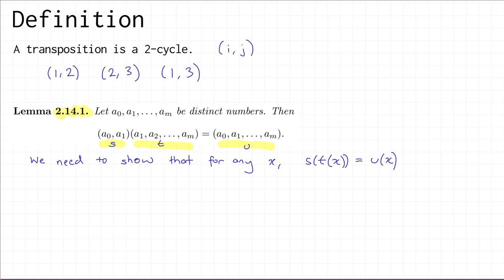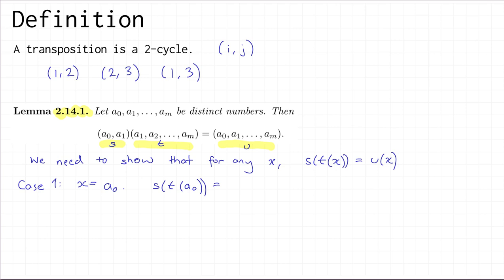So we just need to check all the possibilities. There are some various different cases, and let's think about these case by case. So case 1, what happens when x is equal to a0? Then S of T of a0 is equal to, what does T do? Well, a0 up to am are all distinct numbers. So a0 is not equal to any of a1, a2 up to am.